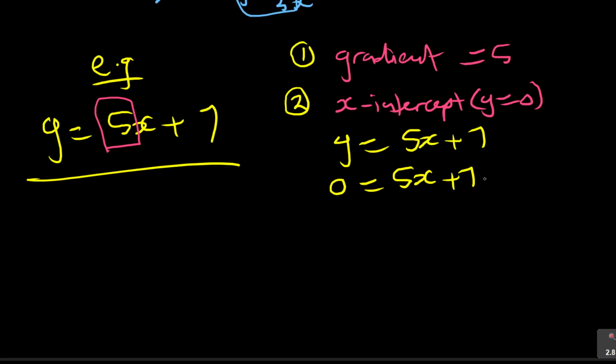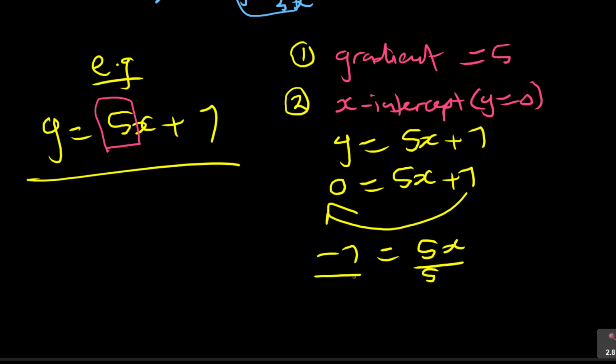You can actually find the intercepts, meaning where they cross. Then take 7 to the other side. It's minus 7 is equal to 5x. How do you get rid of 5? You divide by 5. So x is equal to minus 7 over 5. This is the x-intercept.